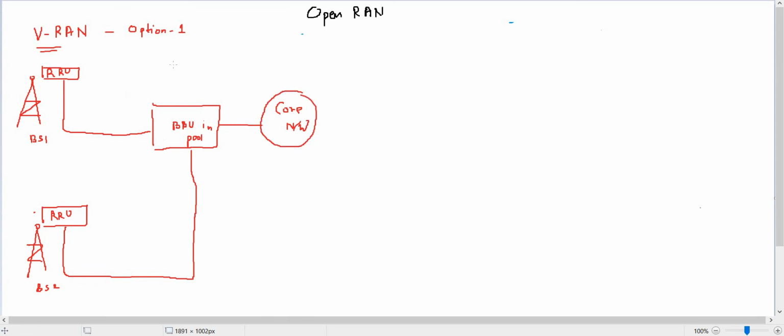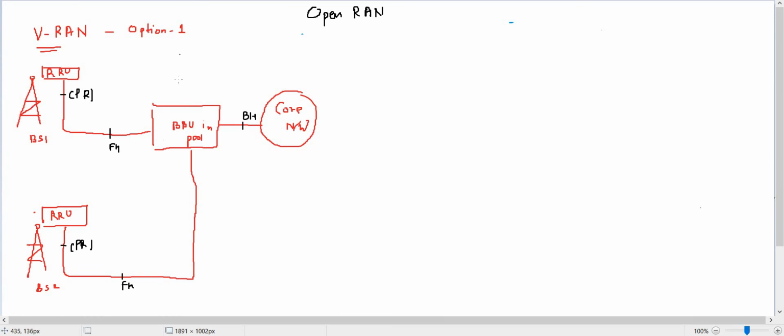This is your CPRI, this is CPRI of base station 2, and this is your Fronthaul. This is Fronthaul, and this is Backhaul. So this is the same option 1 that we have seen in centralized RAN or cloud RAN.